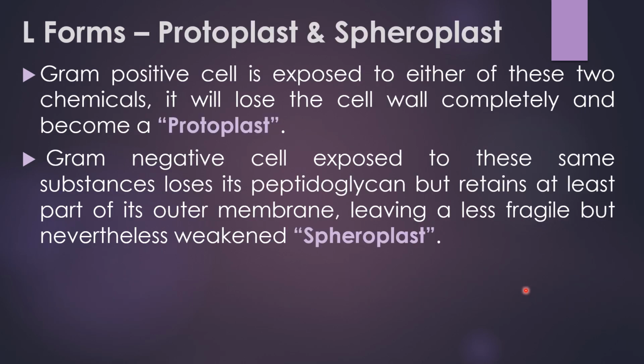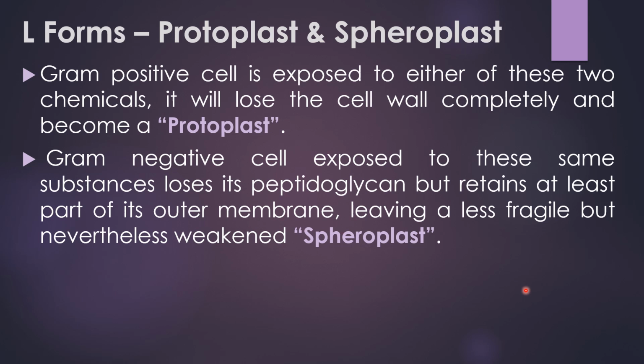That is the L form protoplast and the spheroplast. When a gram-positive cell is exposed to either of the two, lysozyme or antibiotic, it will lose the cell wall completely and become a protoplast. Likewise, if a gram-negative cell is exposed to lysozyme or antibiotic, it also loses its cell wall and becomes a spheroplast.